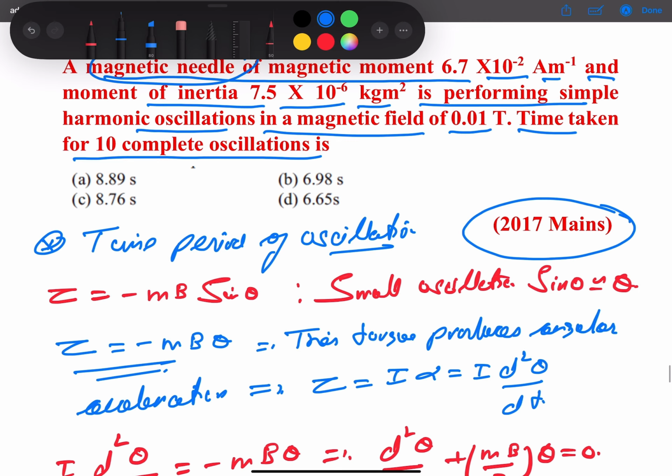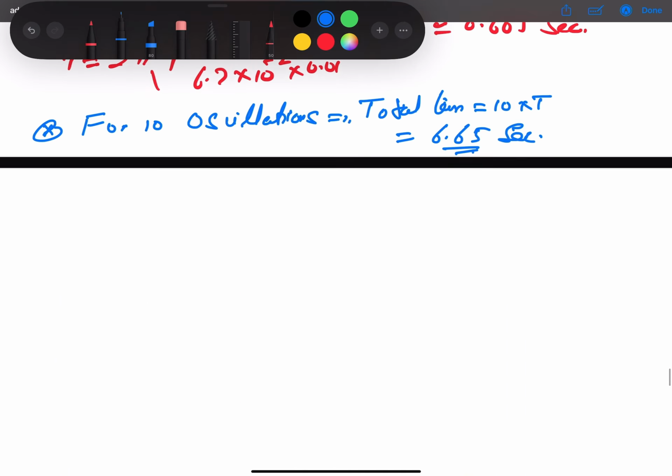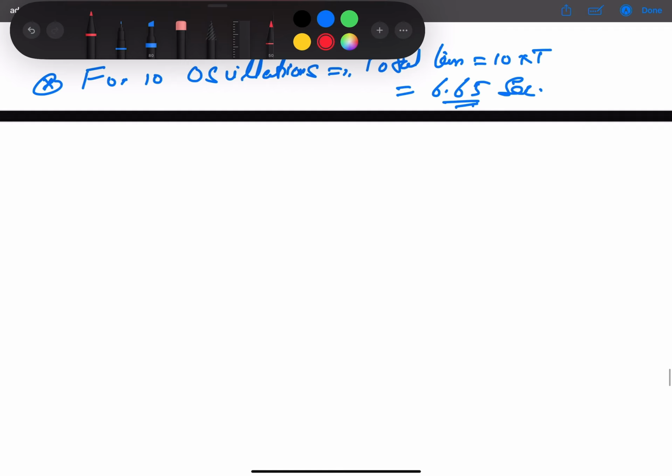So option number D is the correct option. Option D is correct.